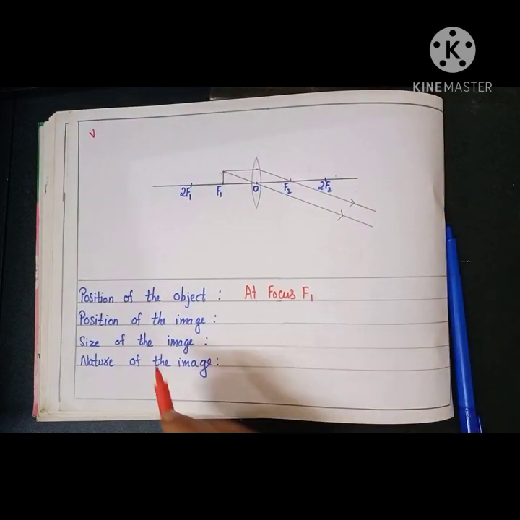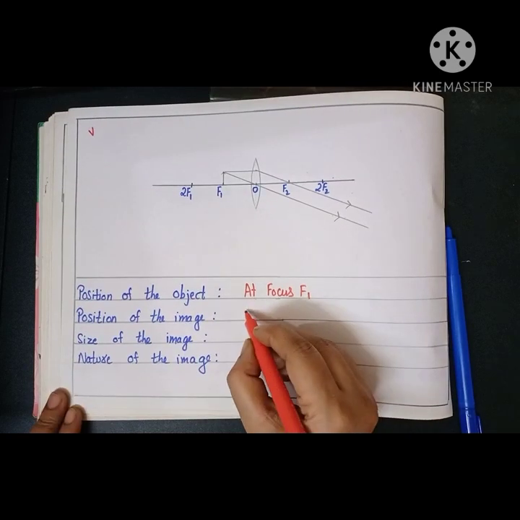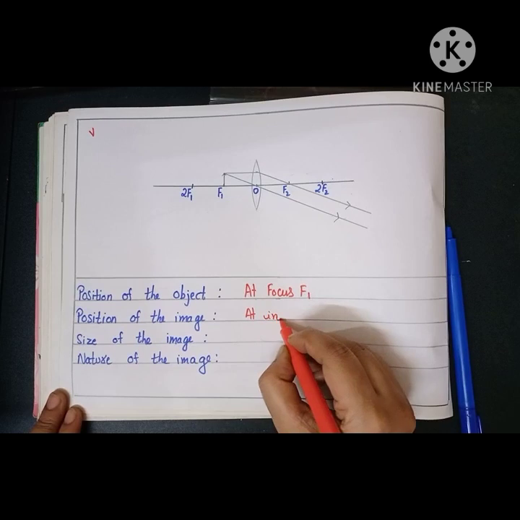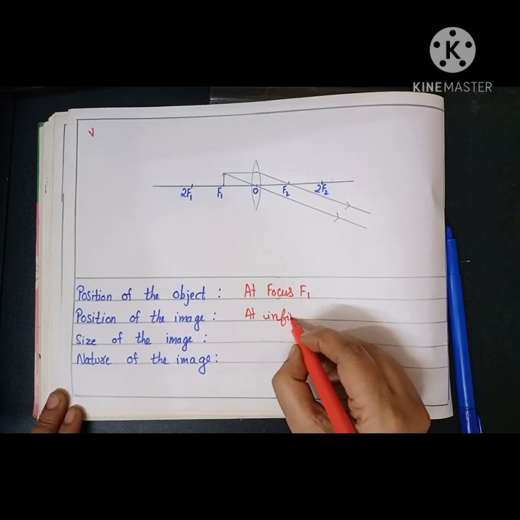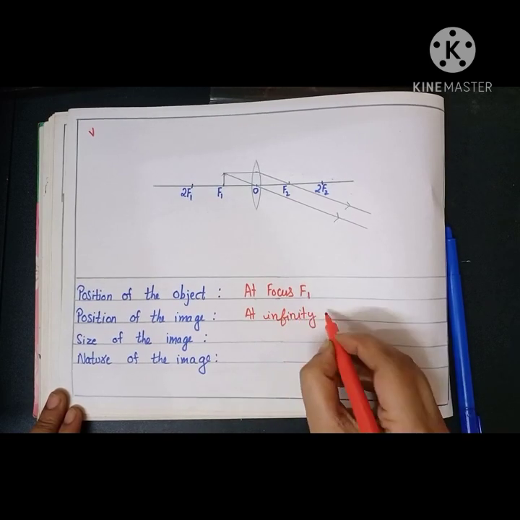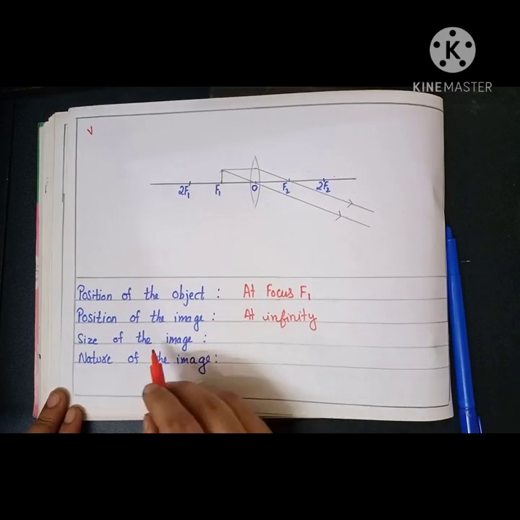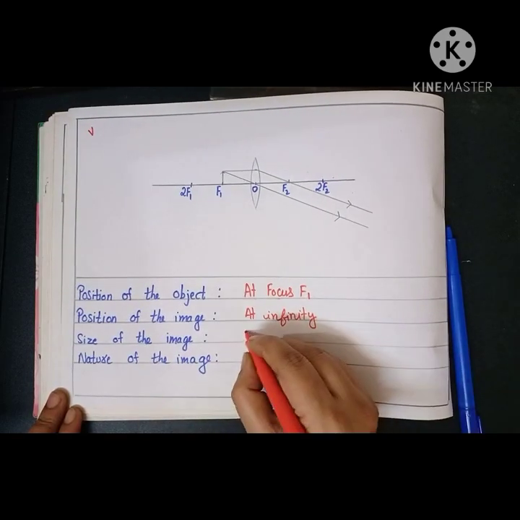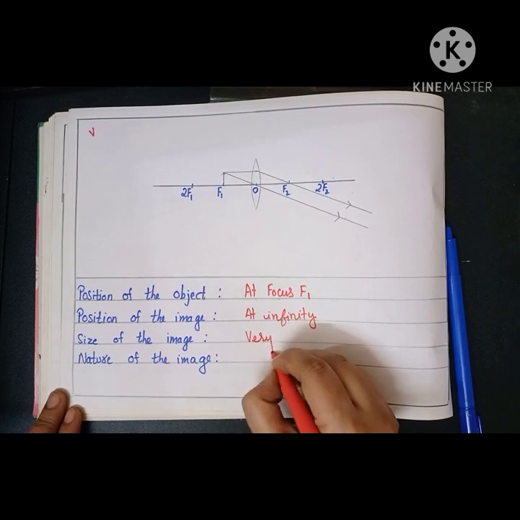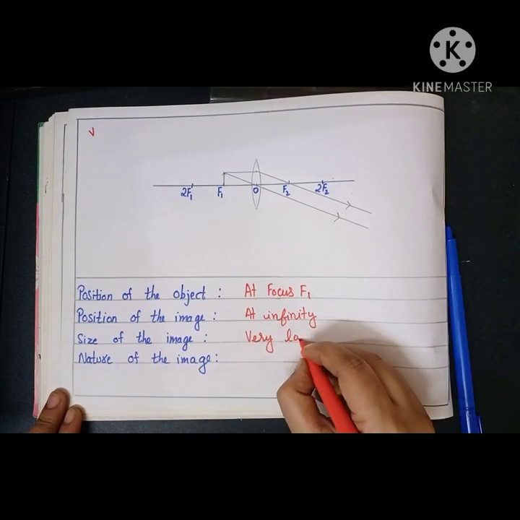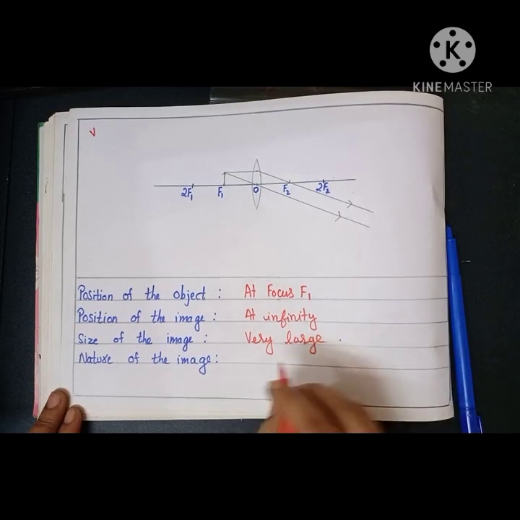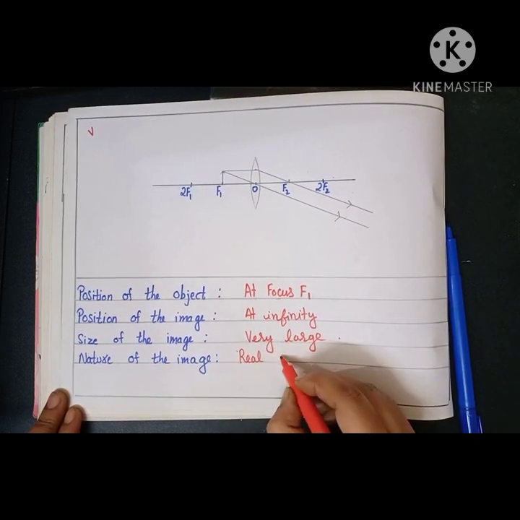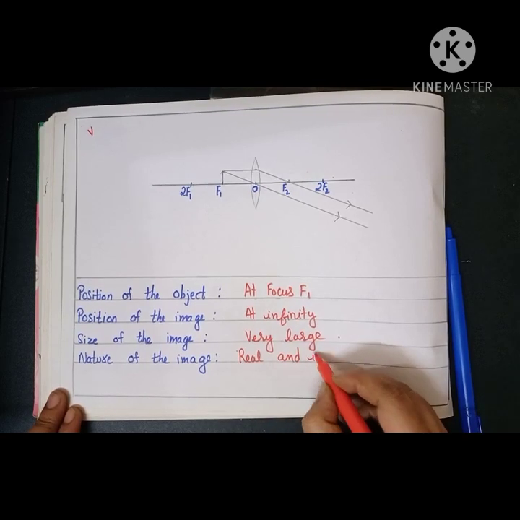So here in this case you will write position of the image is at infinity. Size of the image you will write it will be very large. And nature of the image will be real and inverted.